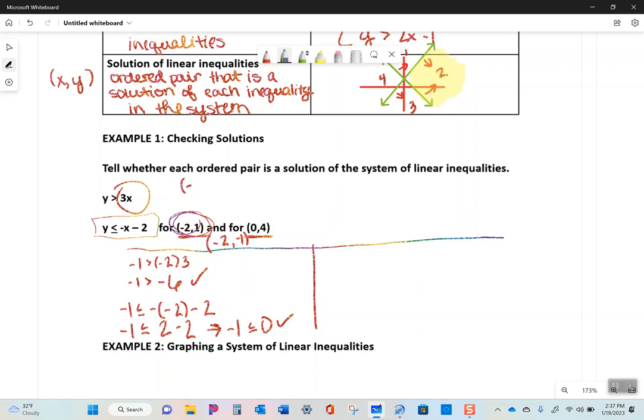So we could write -2, -1 is a solution for the system. Okay. So how are we feeling about that one? Okay, we'll move on to 0, 4, and we'll really make sure that you guys got it.